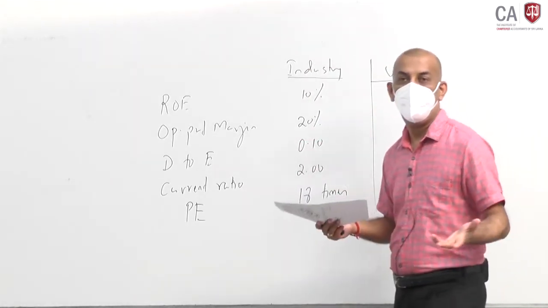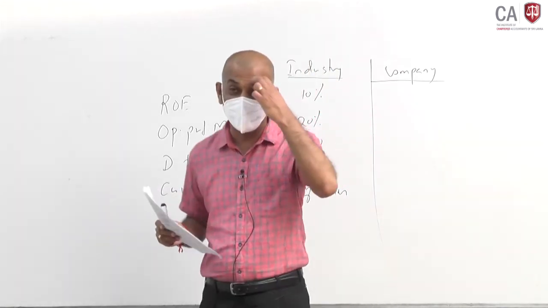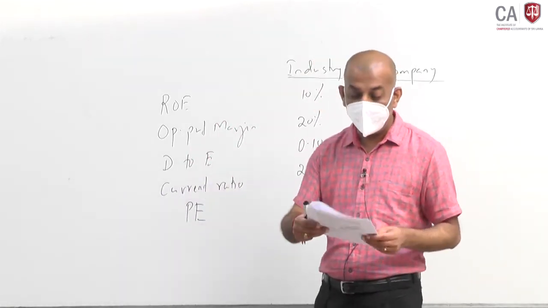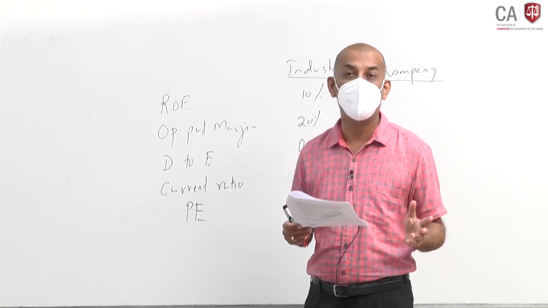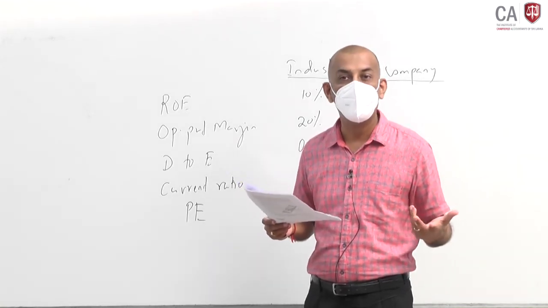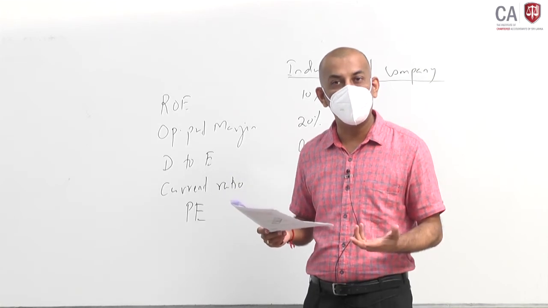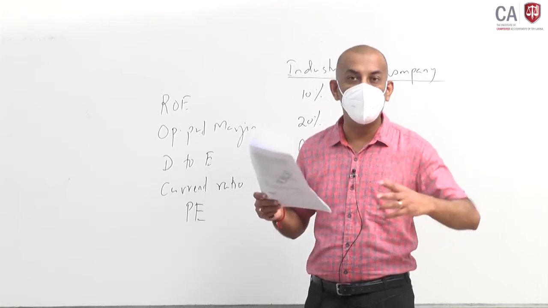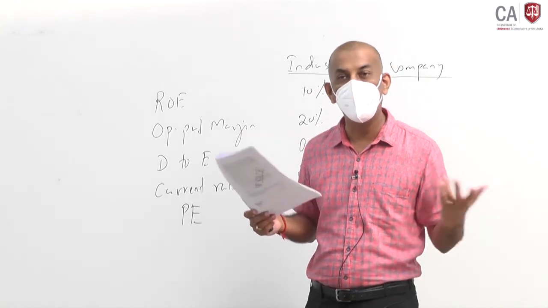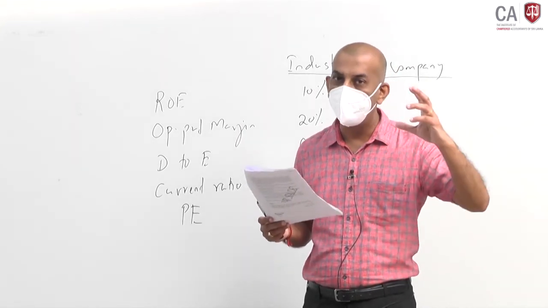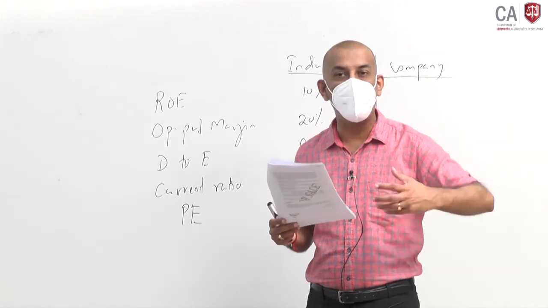That would be the kind of expectation, because otherwise you can't just look at the company ratios and say, okay, if I just say GP margin 36%, what do I say about it? Whether a GP margin of 36% is generally good for the company or the industry, I don't know. So I need some benchmark to compare with.